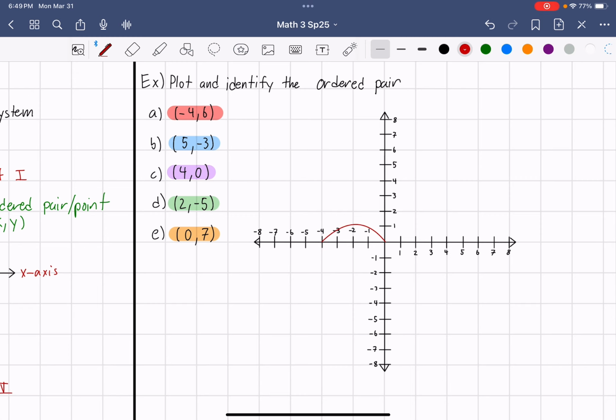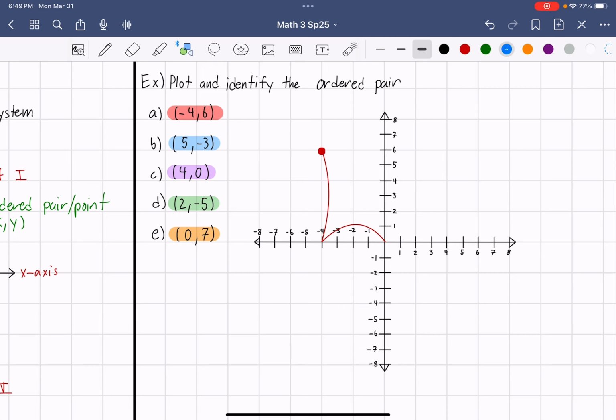And then the y coordinate is +6. So that means I'm going to go up to +6. And that's where my point A is going to be, at -4, 6.